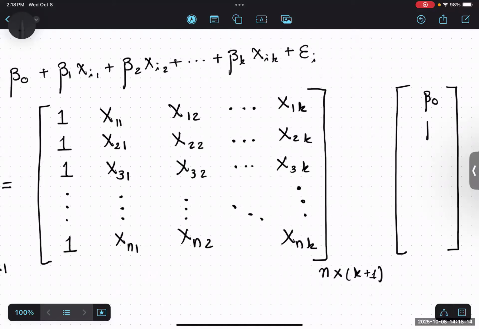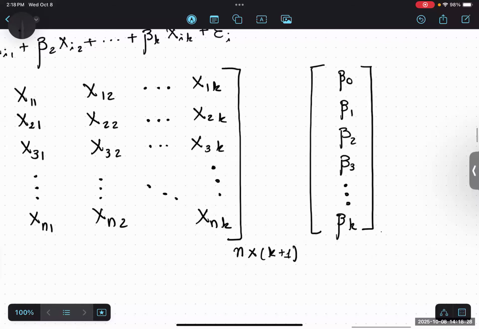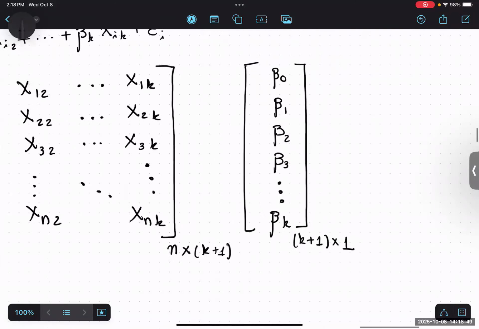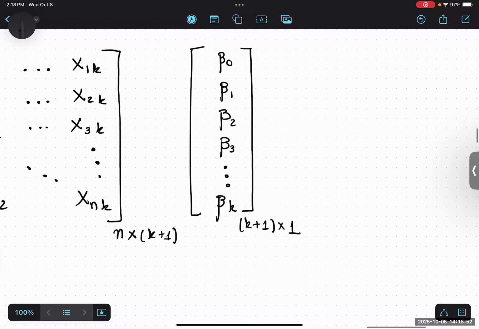The second one is beta 1, then beta 2, beta 3, and you will continue up to beta k, which means that this vector of parameters has k plus 1 rows and just one column. Makes sense. k because of the k regressors, and the plus 1 is because we are including the constant.